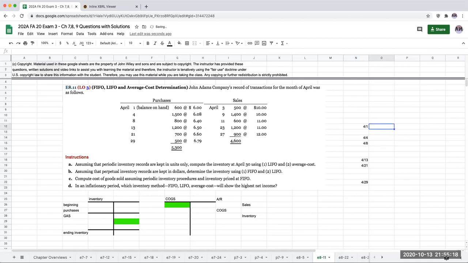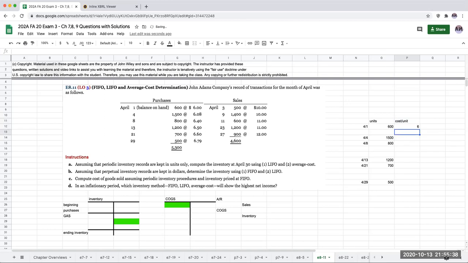My units were 600, 1500, 800, 1200, 700, and 500.